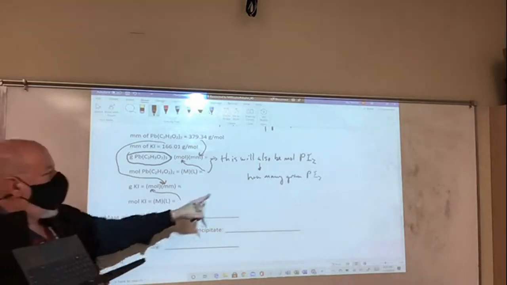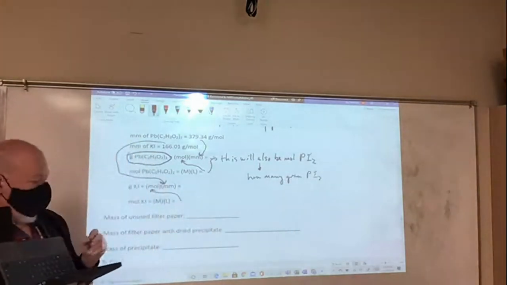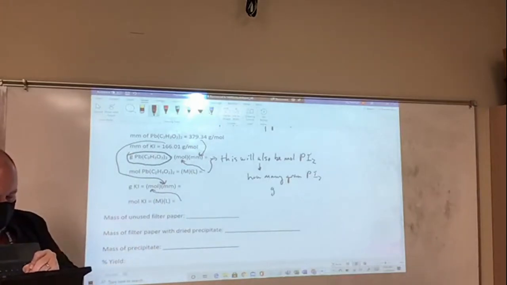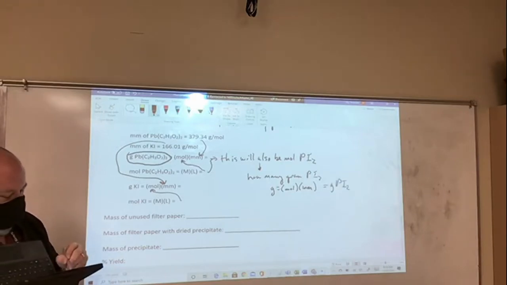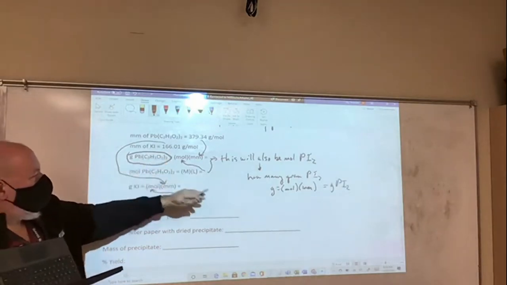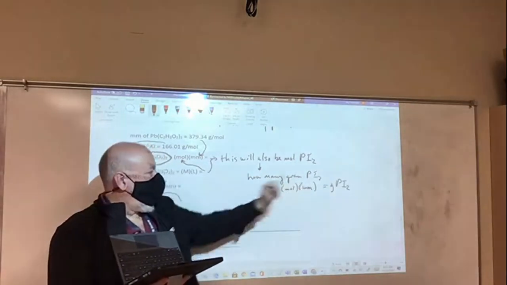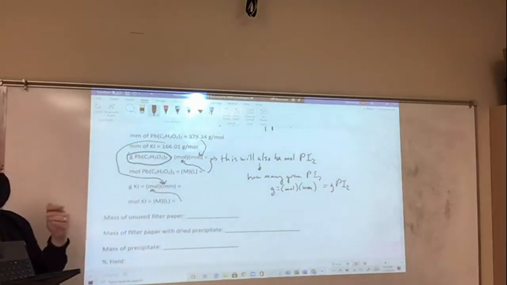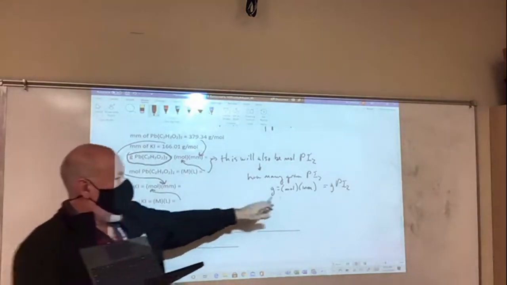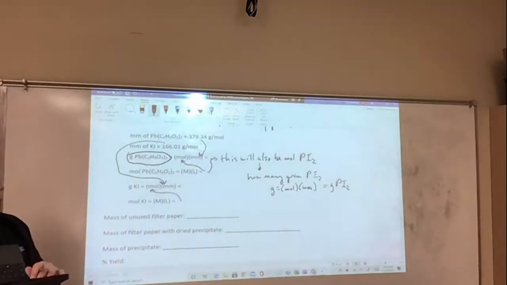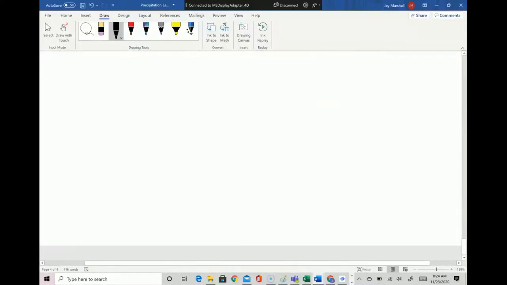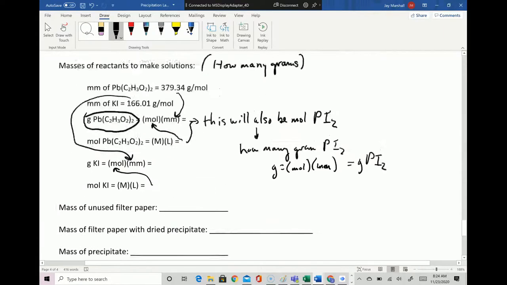Okay, if I know how many moles of lead iodide, grams is going to equal moles times molar mass. So you can figure out the number of grams of lead iodide you're supposed to get, and you can divide the number of grams of lead iodide that you get by the number of grams you're supposed to get, and you multiply that times 100.